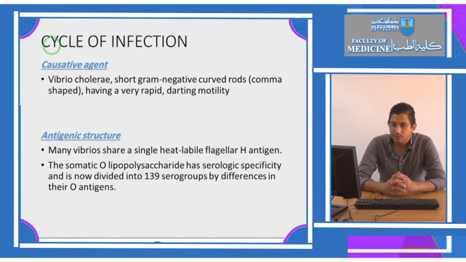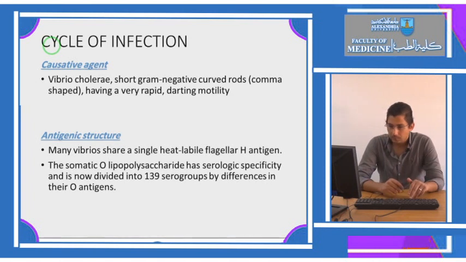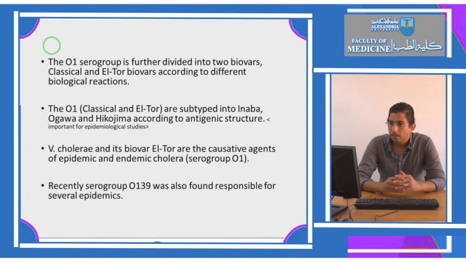The antigenic structure has a flagellar H antigen, which is heat labile, and a somatic O lipopolysaccharide. It is now divided into O1 and O139. The O1 serotype is further subdivided into biotypes or biovars, classical and El Tor, according to biological reactions.